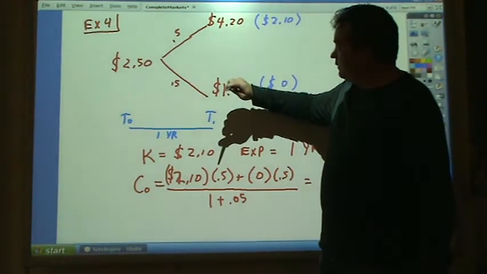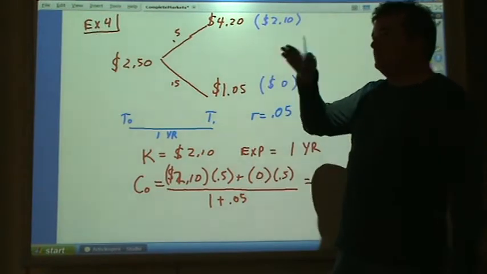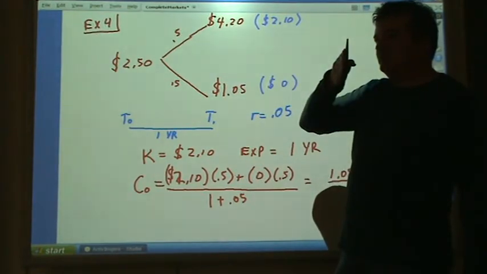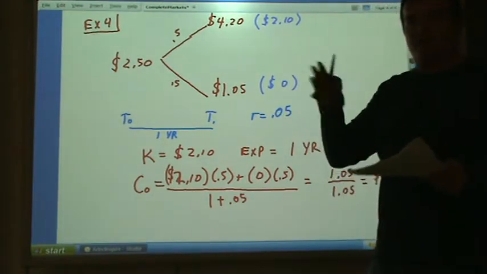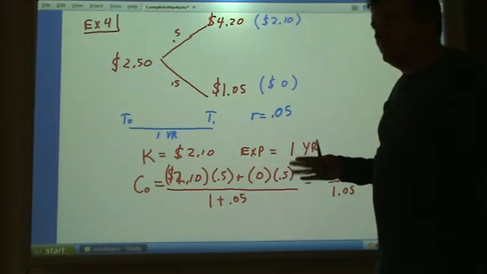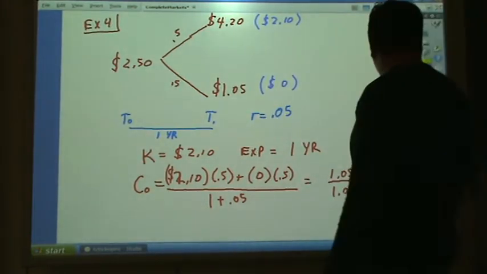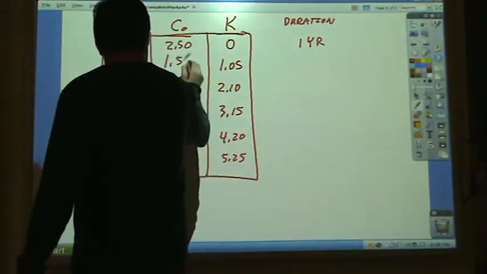What would you pay for that? It would be $3.15 discounted back, take 5% off, which would be $3, and then cut in half. Half the time you'll get $3.15, half the time you'll get nothing, and then you take away the 15 cents for the discount. So that would be $1.50.